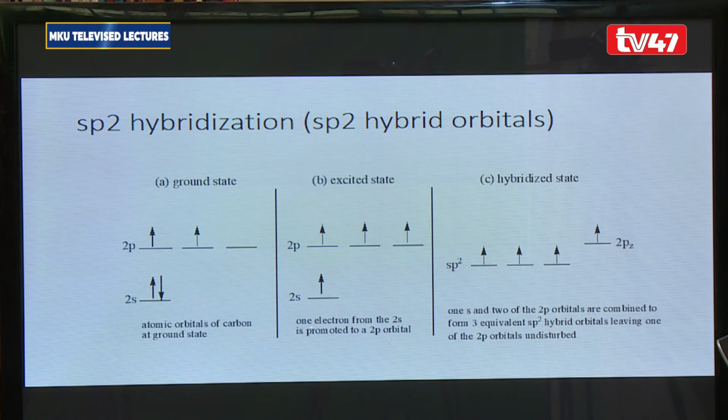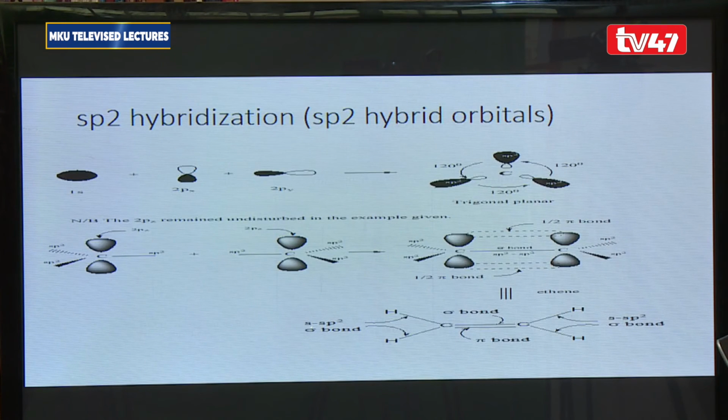This type of hybridization happens where we have a carbon-to-carbon double bond or carbon-to-other-element double bonds. So in that case, we have 2 p orbitals and 1 s orbital combining to form 3 sp2 hybridized orbitals.